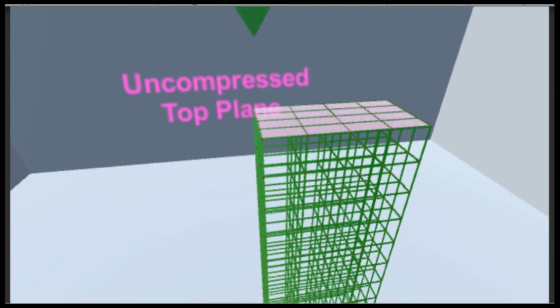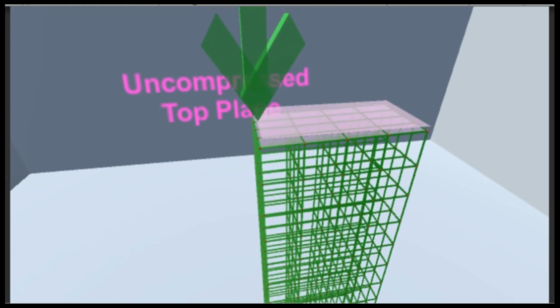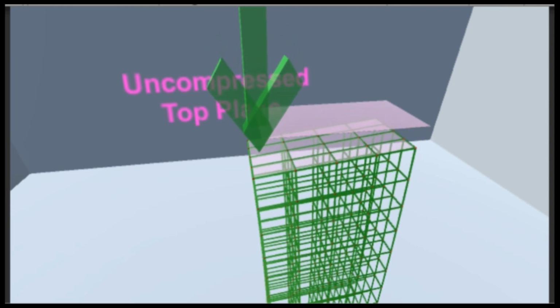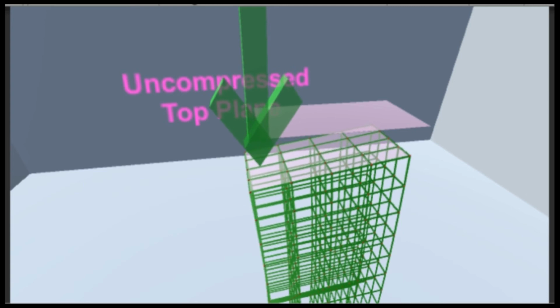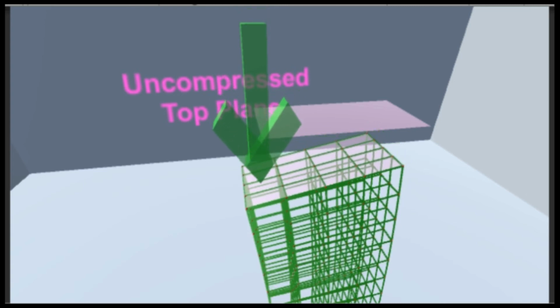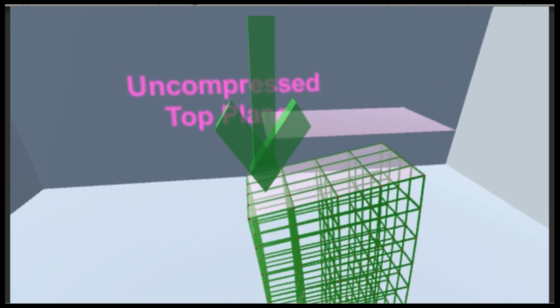However, if the vertical force acts eccentric to the centroid, that means it acts at a certain distance away from the centroid, the column will shorten and bend at the same time. The column is now under eccentric compression.